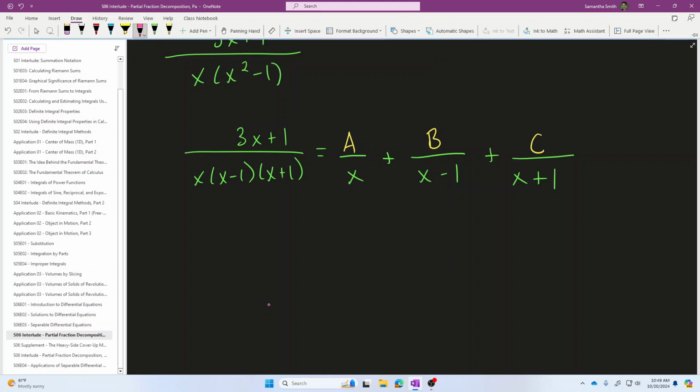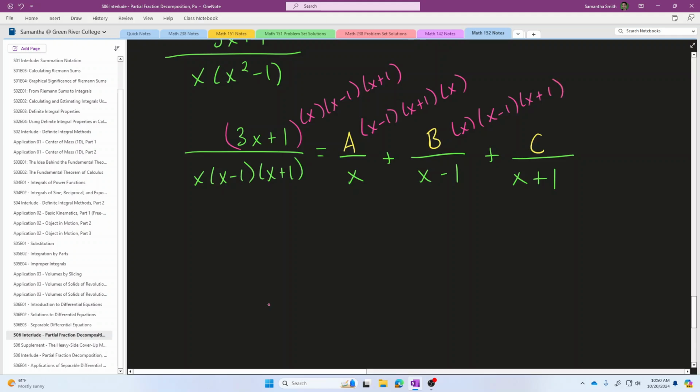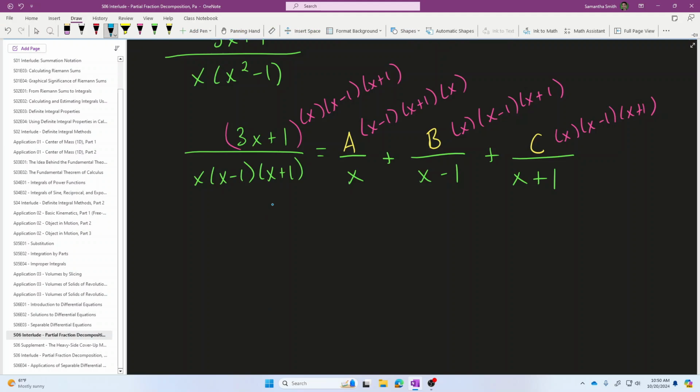To that end, I'm going to multiply both sides of this equation by the LCD. So each fraction gets one copy of this quantity x times x minus 1 times x plus 1. Now let's clean that up and see what's left behind.